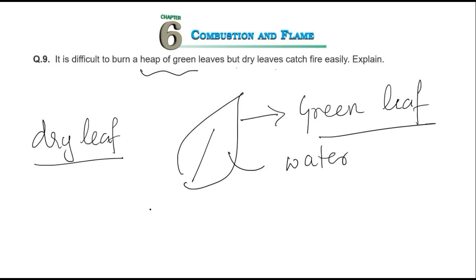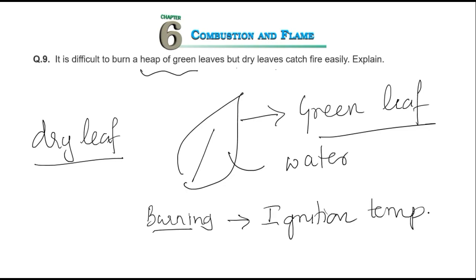Now for burning we require ignition temperature. For any substance to burn, it has to reach a temperature, and that lowest temperature is called ignition temperature. Please remember this. Water doesn't allow the green leaf to reach its ignition temperature, and unless it reaches its ignition temperature it will not burn.